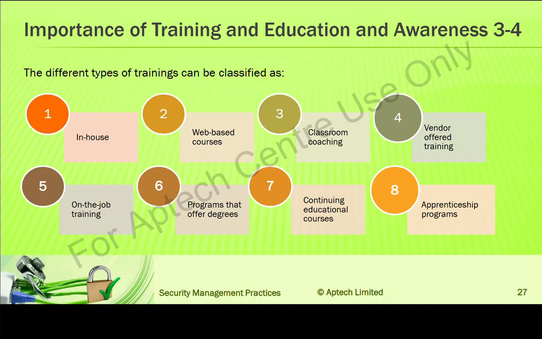They tell you the job to be done when they are employing you. And we also have programs that offer degrees, like institutions. And we also have continuing education courses and apprentice programs, training programs like internship programs.